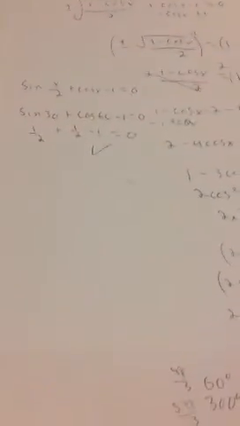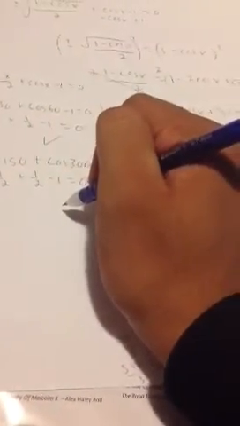Now if we are going to be checking 300 degrees, x is equal to 300, so sine of x over 2 is equal to sine of 150 plus the cosine of 300 minus 1 is equal to 0. So if we look at our unit circle, the sine of 150 is equal to 1/2. The cosine of 300, which is also 1/2, minus 1 is equal to 0. 1/2 plus 1/2 is equal to 1. 1 minus 1 is equal to 0. So that checks, it is an answer.